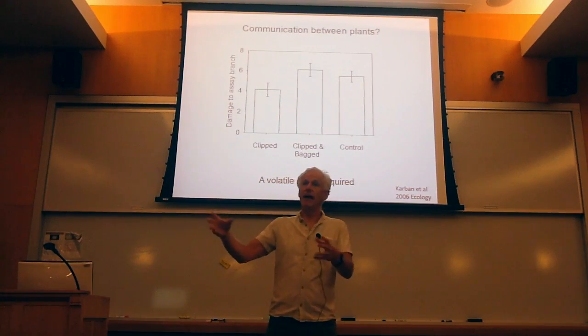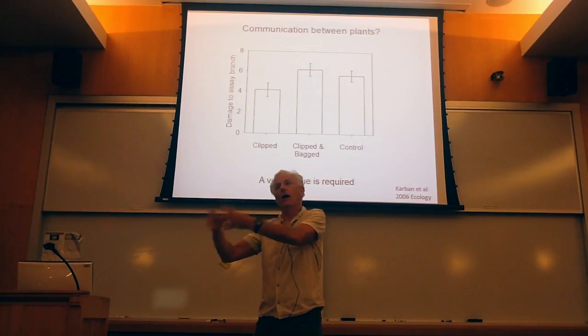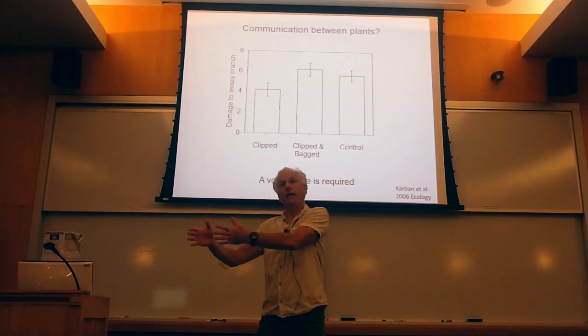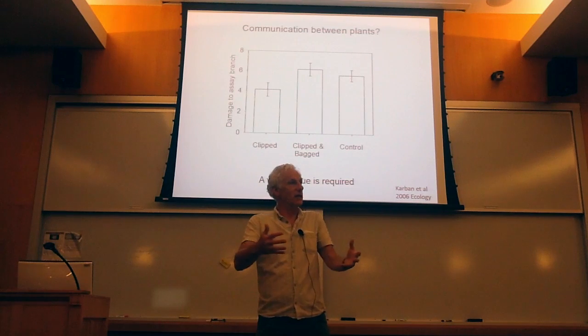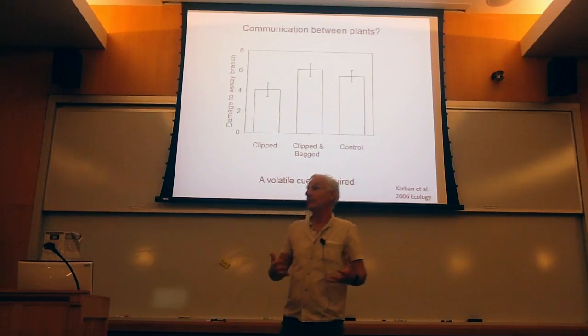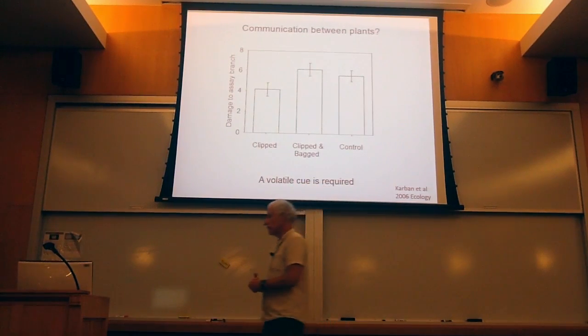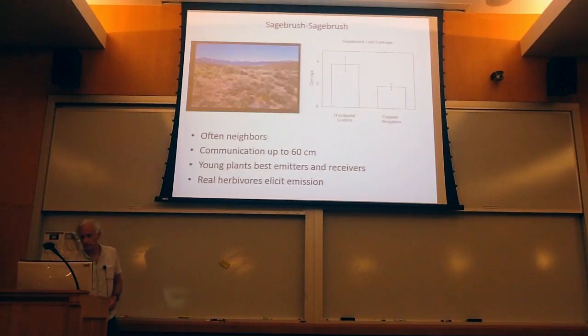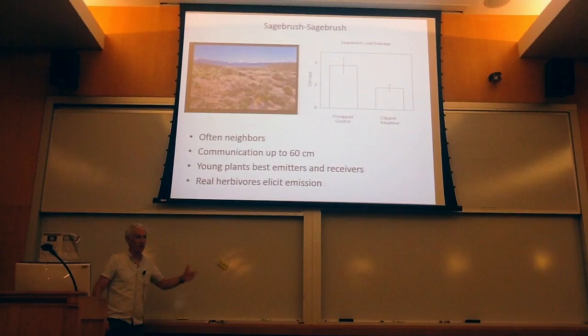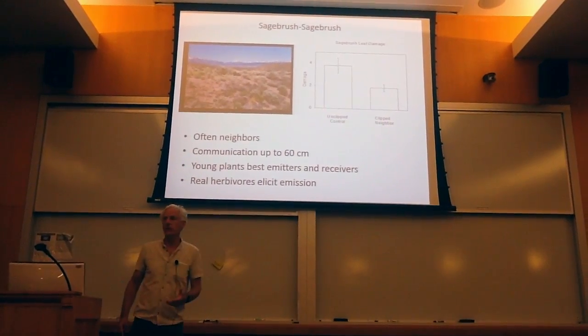So something about being near a clipped branch makes the assay branch increase its level of resistance, so it gets damaged less. That's kind of curious. And we've repeated this experiment a bunch of times.